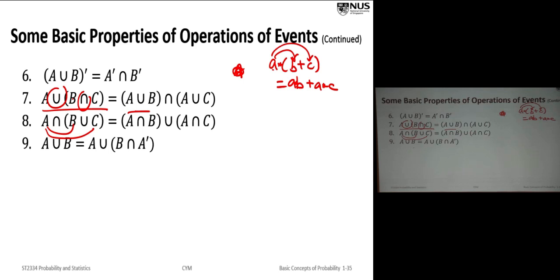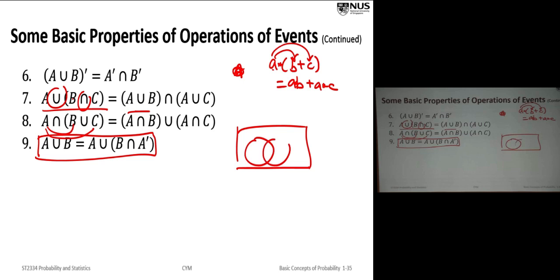Okay, now this is very interesting. A union B. This whole thing is A union B, but it is equal to A union (A complement intersect B). Now A complement intersect B is this part. A complement is supposed to have this part, but we exclude that. So A complement intersect B is this part.